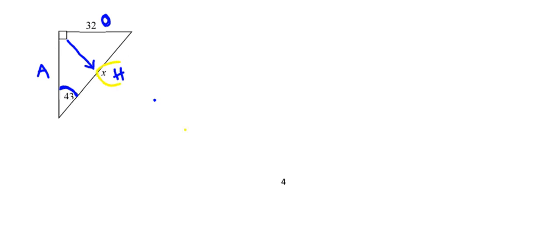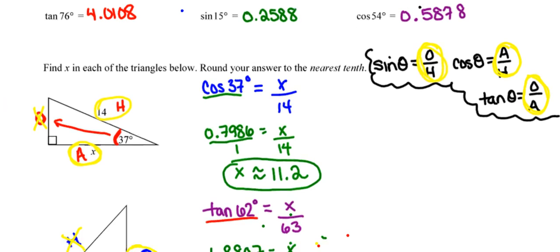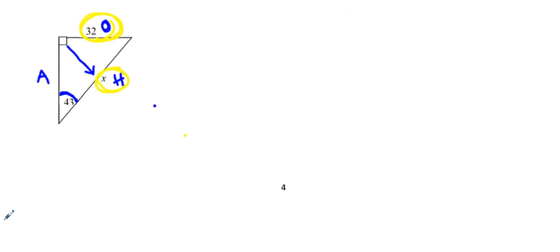So when looking at what I'm working with here, I have the hypotenuse and the opposite. So I need to find the trig ratio that deals with the hypotenuse and the opposite, and that's going to be my sine function. So sine of 43 degrees is equal to the opposite side, 32, over the hypotenuse, x.